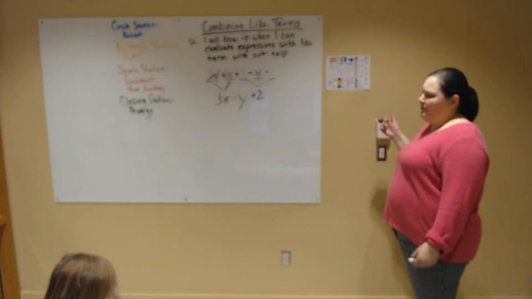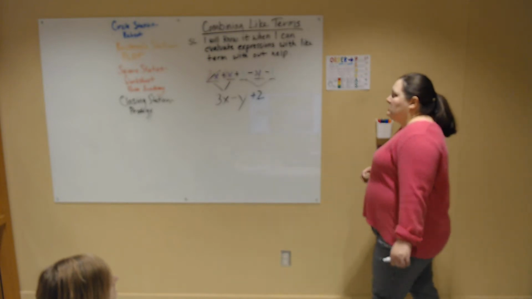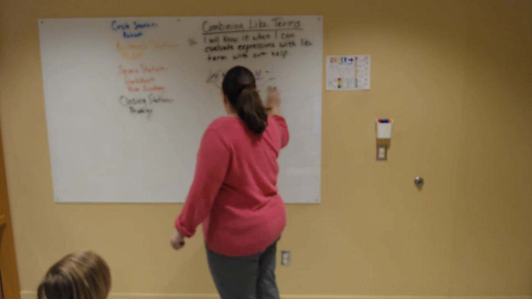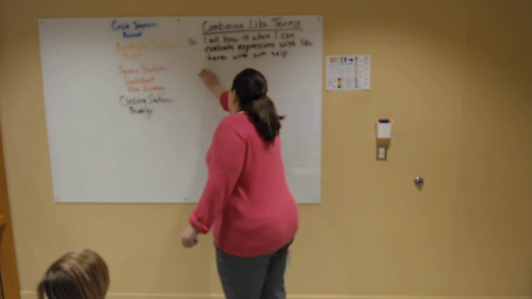What if a value has an exponent? Good question, Aiden. I like that. We're actually going to probably be dealing a little bit with that today. So let's make another expression.